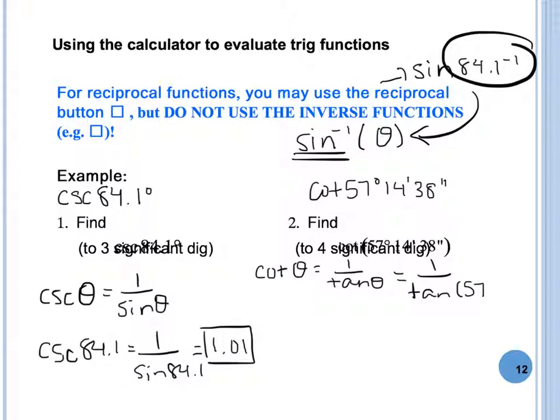So let's see what happens when we do 1 divided by the tangent. And beautiful decimal.